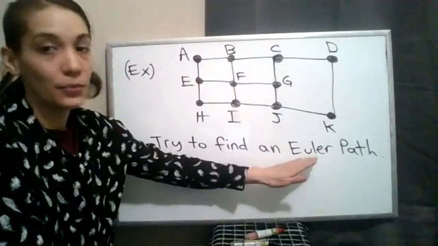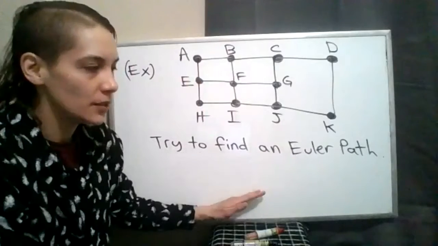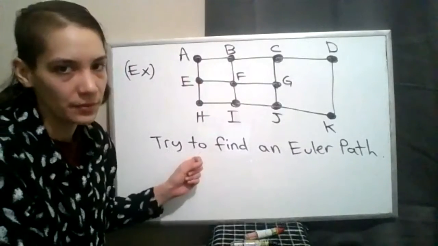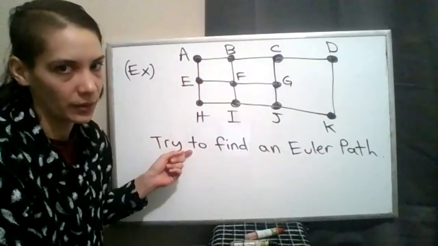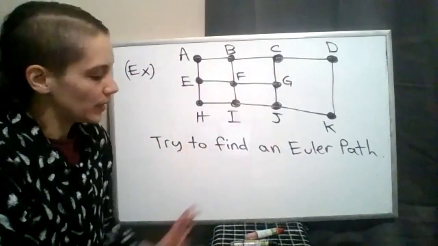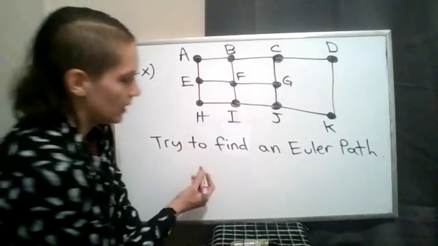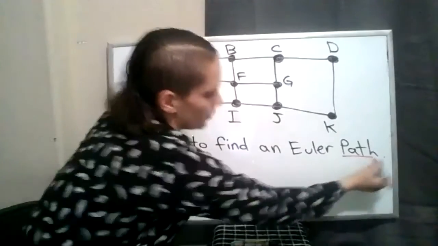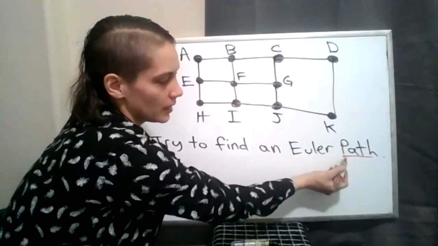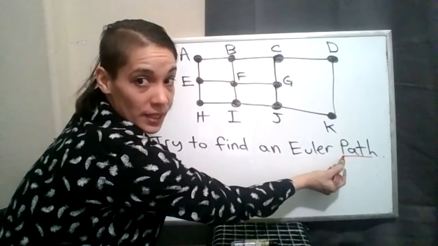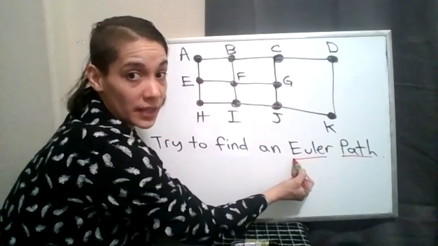And then if we can find an Euler path, then I would like to try to find an Euler circuit, but I kind of tried to pick this graph so it wouldn't work out. But we'll play around with covering every edge one time. So this one's use an edge once and only once, and this one says use all of the edges.